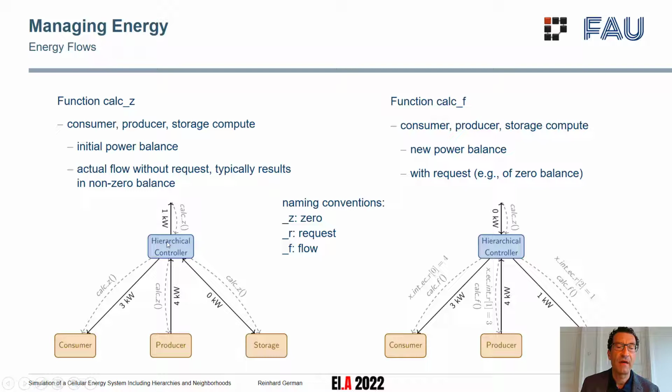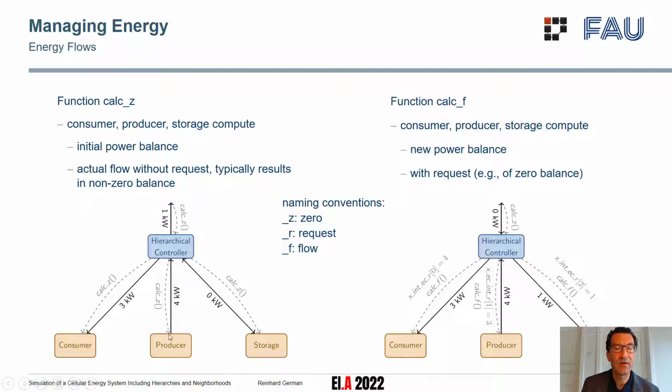It recursively calls all children energy cells and does this call of calc z. In order to get the initial power balance, it wants to get the actual flow without any external request. Like for instance, it asks the consumer how much it would like to consume. It says 3 kilowatts and gives that back as a function result.